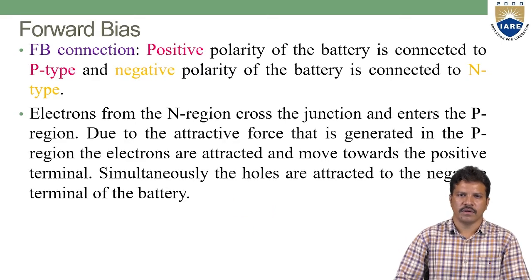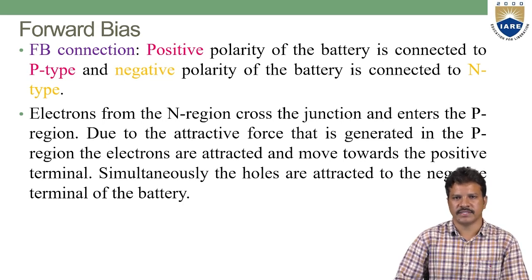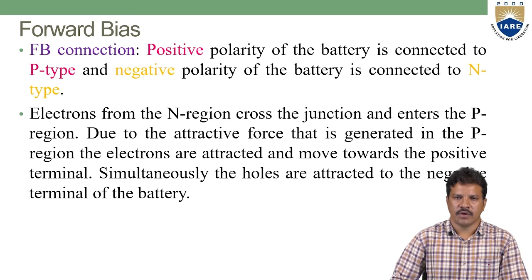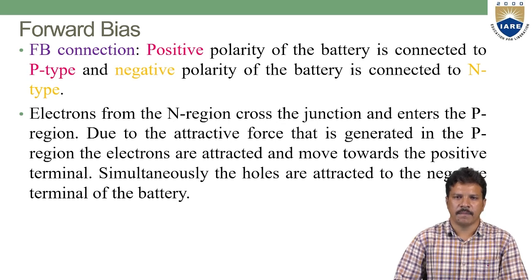Now we will go for forward bias. First of all, what is forward bias and what is a forward bias connection? Whenever the positive terminal of the battery is connected to the p-type and the negative terminal of the battery is connected to the n-type, it is said to be a forward bias connection.